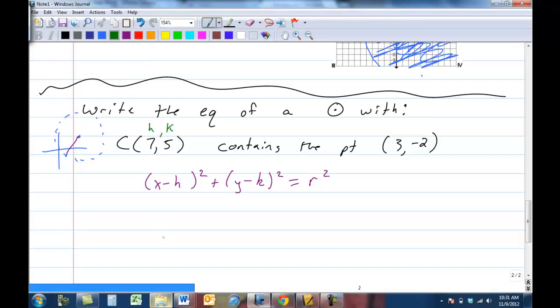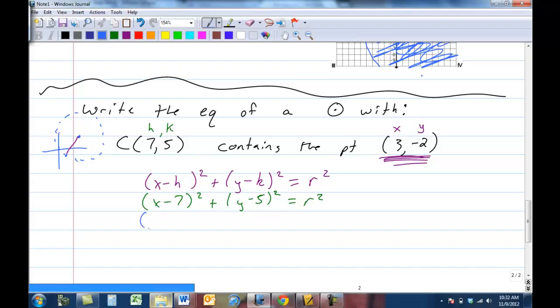So I'm going to plug those in. It's going to be x minus 7 quantity squared plus y minus 5 quantity squared equals r squared. Now, I don't know what r is, but they gave me another point. What could I do with this point here? Well, I could make this x and this y. So plug those in for x and y.